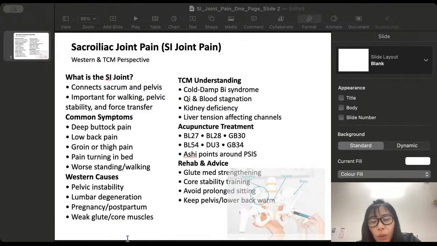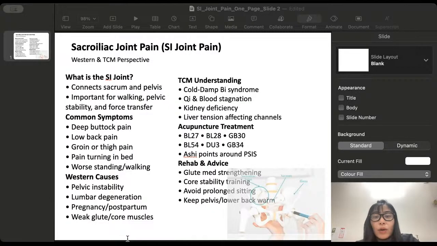You may ask, what movement triggers it or aggravates it? Some classic aggravating movements include turning in bed when you sleep, standing on one leg. Some people do that for fun.